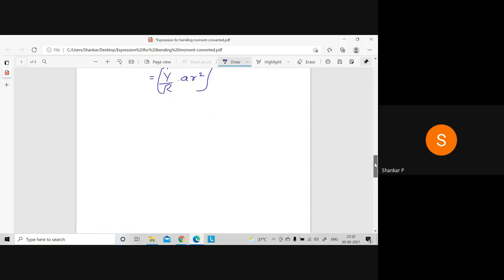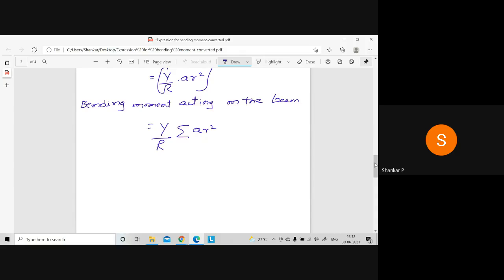So in order to calculate the bending moment experienced by the entire beam, the bending moment acting on the entire beam will be the summation of A r square, as Y is constant and R is also constant.